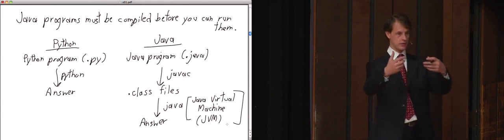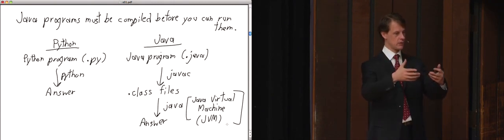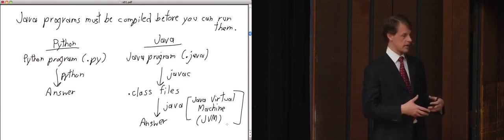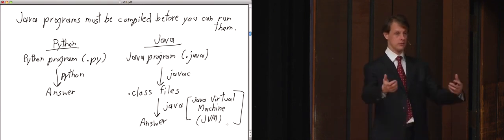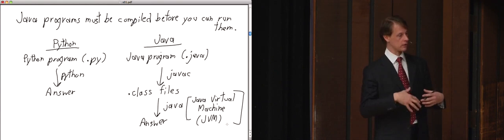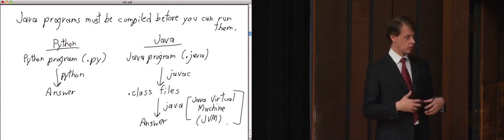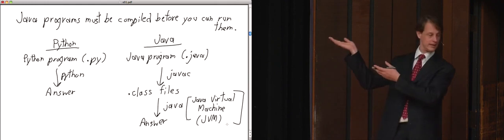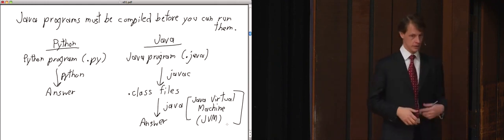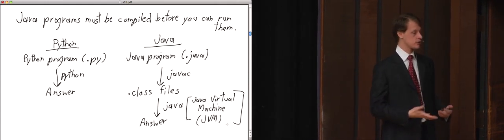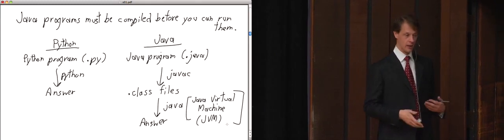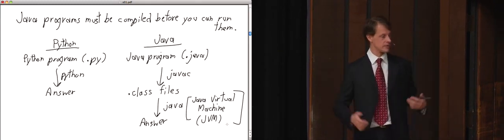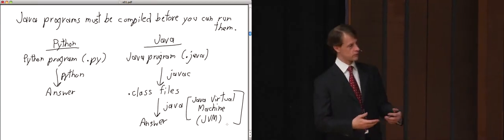A compiler's job is to look at a piece of code and either convert it to the machine code that your CPU knows how to run, or to convert it to at least a lower level language that can be run much more quickly and efficiently than the original program, which is what is happening in this case. The Java virtual machine is what actually executes your program. It's not compiling at all. It just takes something that's compiled and actually runs it and does what you told it to do.